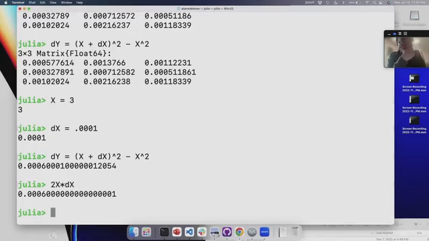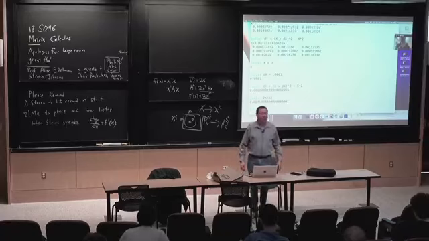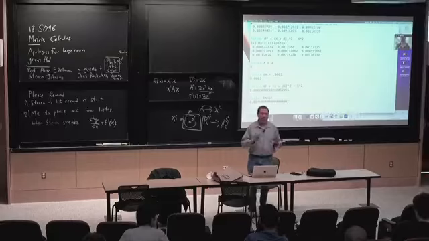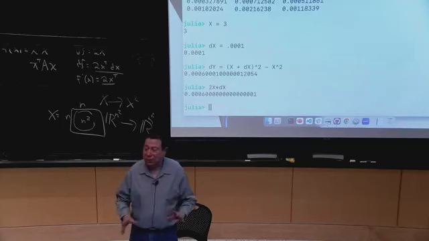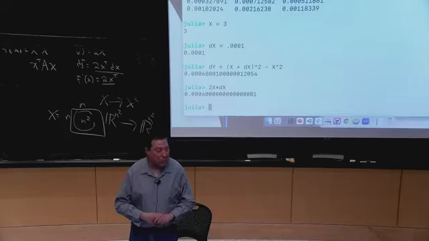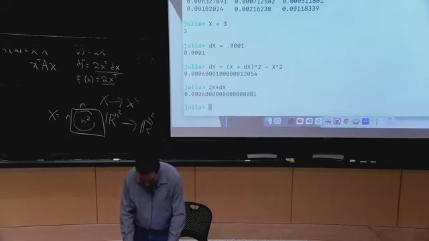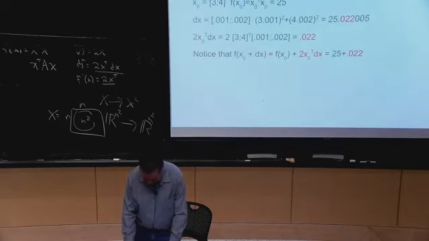And to the right number of digits, they match. Okay, any questions about this? All right, so hopefully you now kind of believe, at least experimentally, not theoretically, that matrix calculus kind of works. All right, so getting back to the slides here.